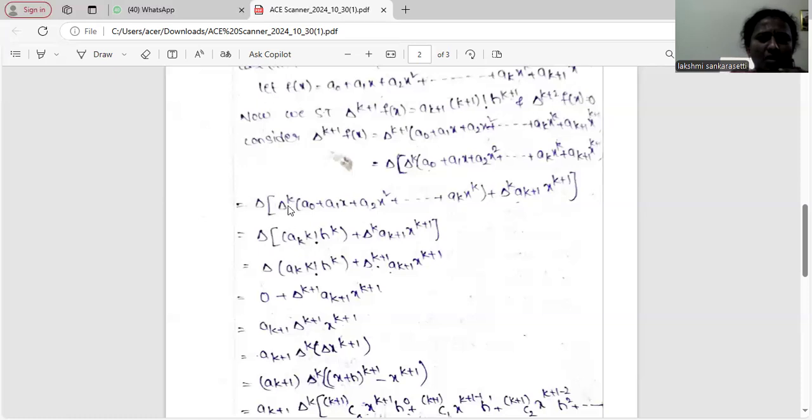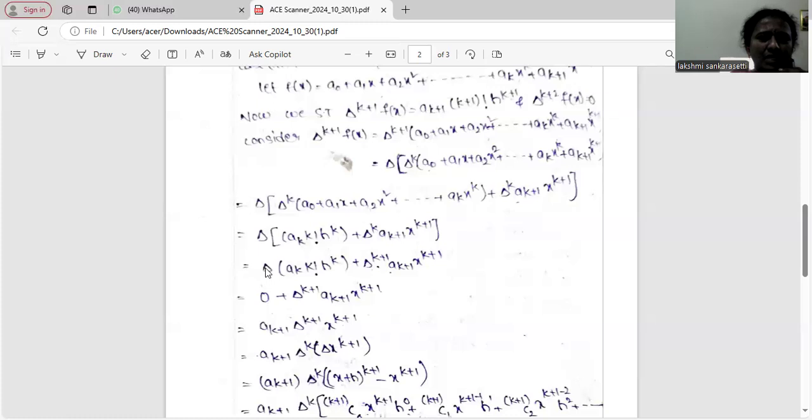Delta power k of a kth degree polynomial is, by the induction hypothesis, a_k into k factorial into h power k, followed by delta power k of a_{k+1} x power k+1.